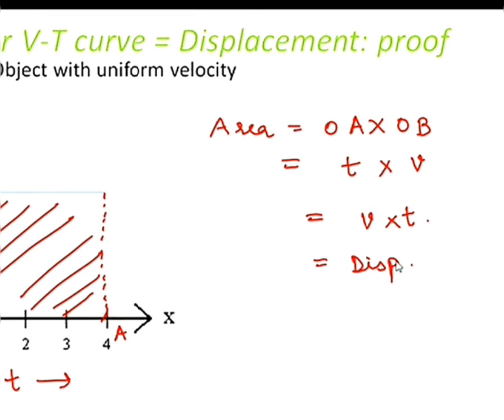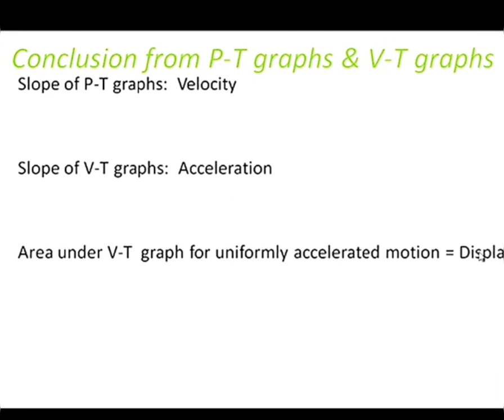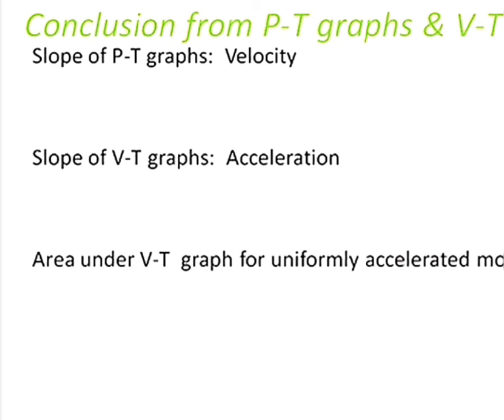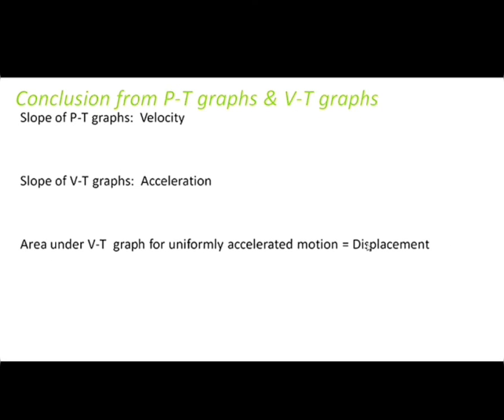Therefore this area under the curve is equal to displacement. And so from the velocity time curve you can identify two things: the slope of the velocity time graph will give us acceleration, and the area under the velocity time curve will give you displacement.